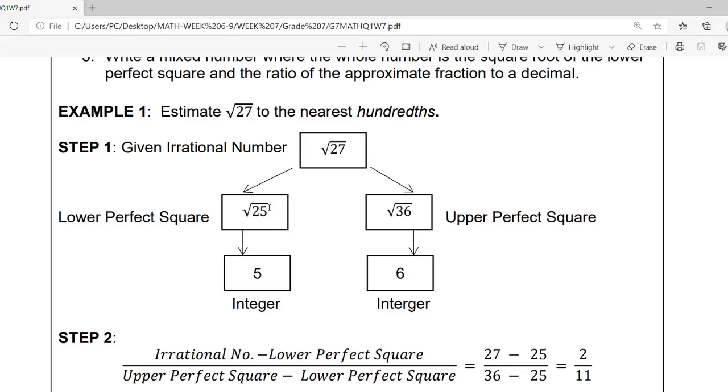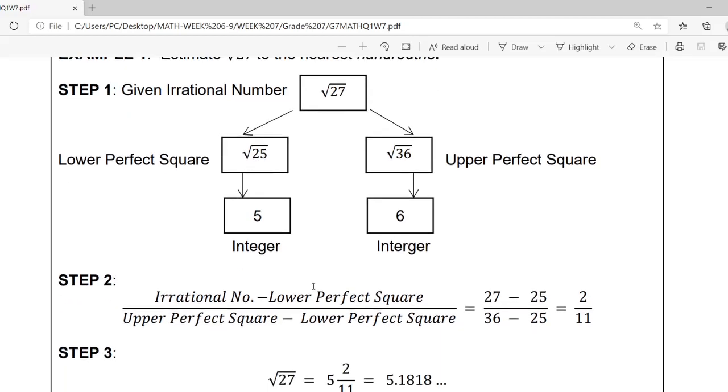The square root of 25 is 5 and the square root of 36 is 6. Therefore, square root of 27 can be found between 5 and 6. That's the approximate of the square root of 27.